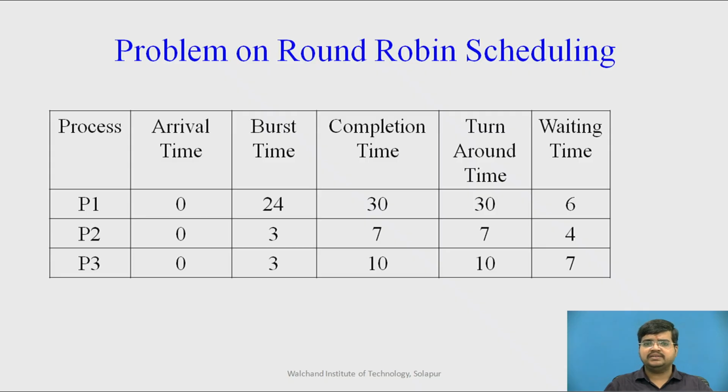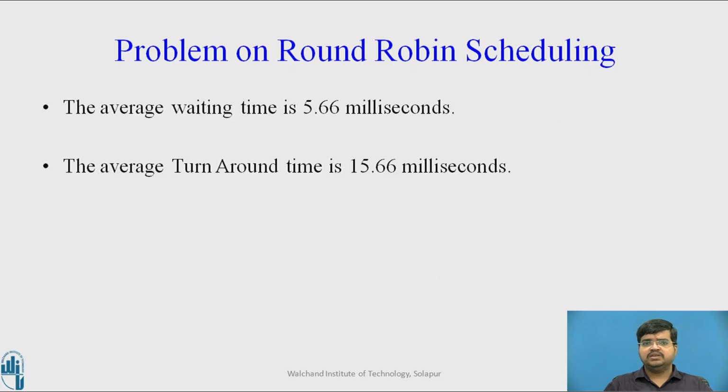So from that we get 6 milliseconds for P1, 4 milliseconds for P2, and 7 milliseconds for P3. Let's calculate the average turnaround time and average waiting time. In this example, the average waiting time is 5.66 milliseconds and the average turnaround time is 15.66 milliseconds.